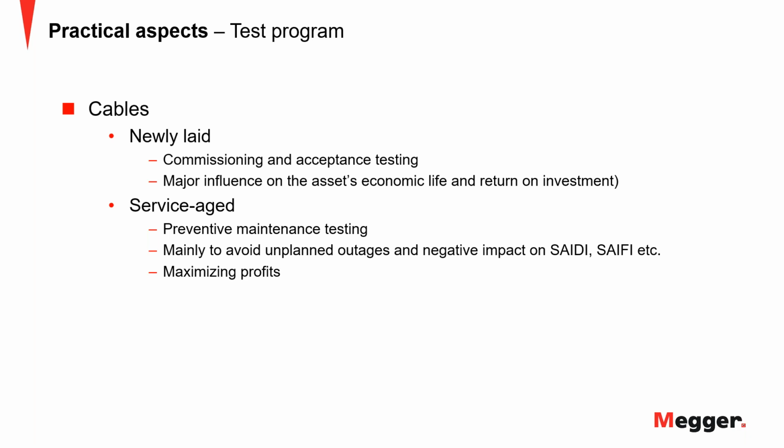This is mainly done, as I phrased it here, to avoid outages, unplanned outages, unscheduled outages, which have a direct negative impact on these index numbers, which partially influence the budget of utility companies, more so in Europe and Asia than in North America. But it's important to have good performance index numbers. And periodic maintenance is pretty much to maximize the profits, meaning minimizing the outage minutes, so the asset will make money for the company.